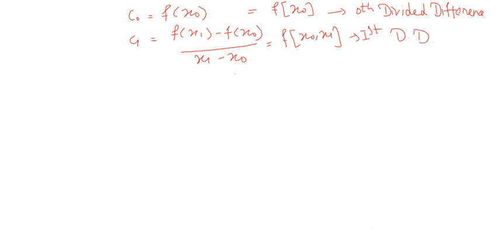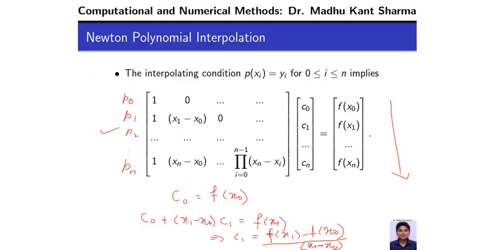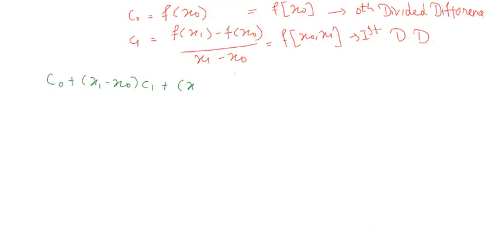So if you go for the third equation, it is C0 plus x2 minus x0 times C1 plus x2 minus x0 times x2 minus x1 times C2 is equal to f of x2.